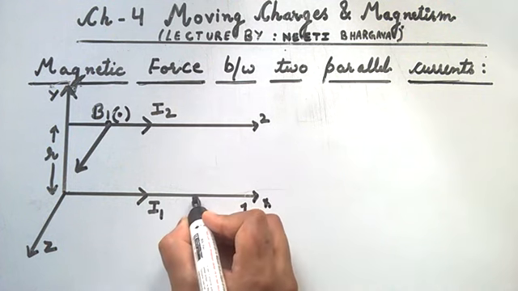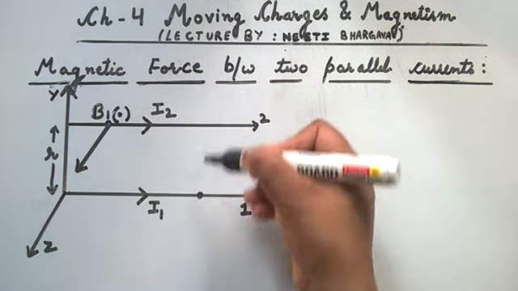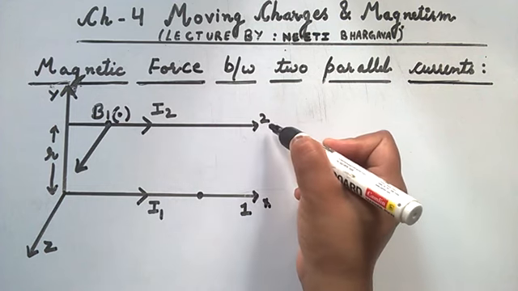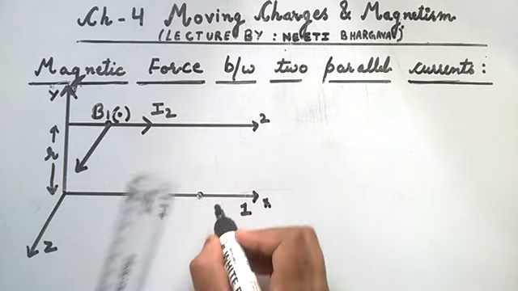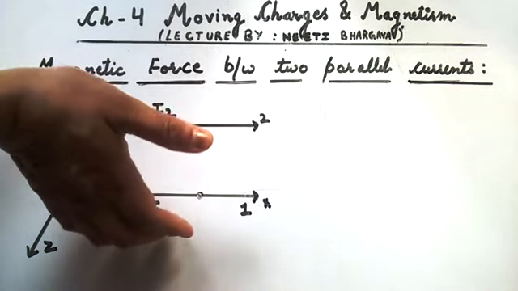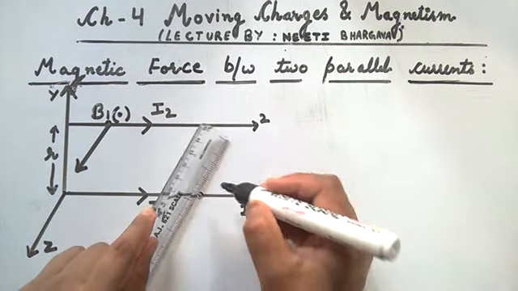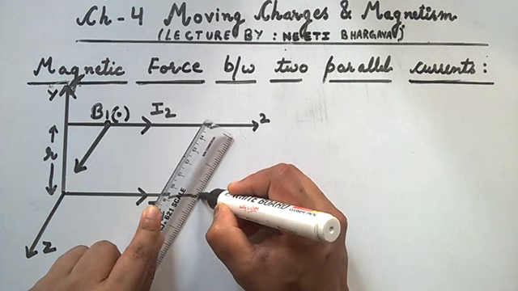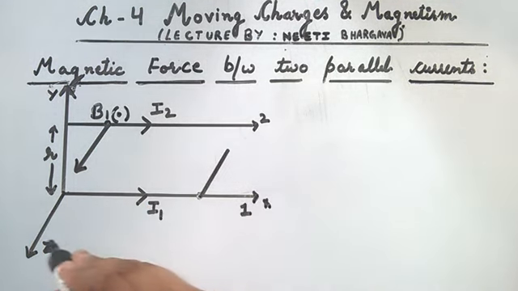Similarly, consider a point on wire 1 and find the magnetic field due to wire 2, in which I2 current is flowing. According to the right hand thumb rule, the direction of the magnetic field is going into the plane of the paper, and therefore it is along the negative z axis.